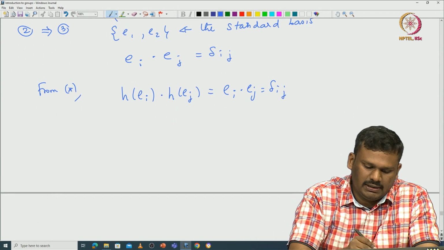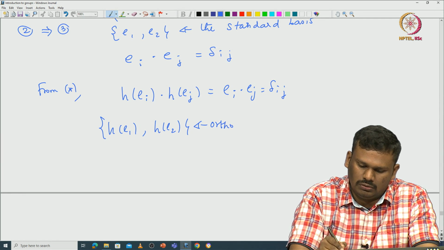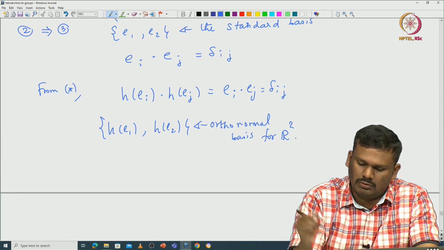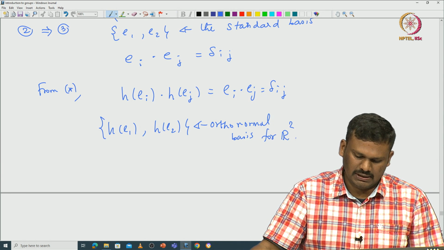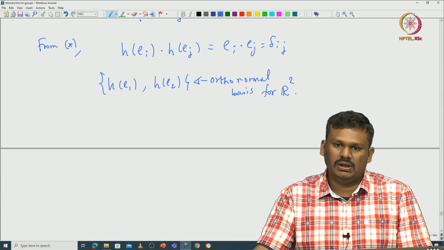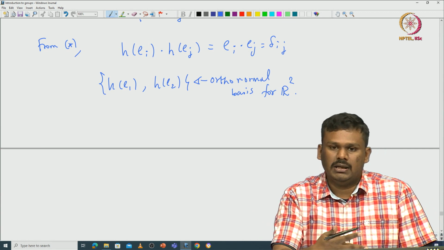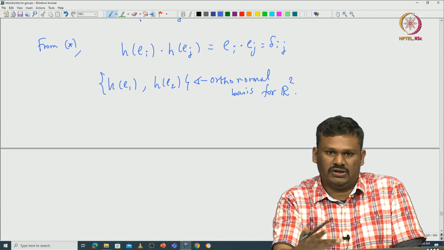So, that proves that H of E1 and H of E2 again form an orthonormal basis for R 2. Now, because it forms an orthonormal basis, any vector can be uniquely determined by its coordinates, and the coordinates are given by the inner product with H of E1 and H of E2.